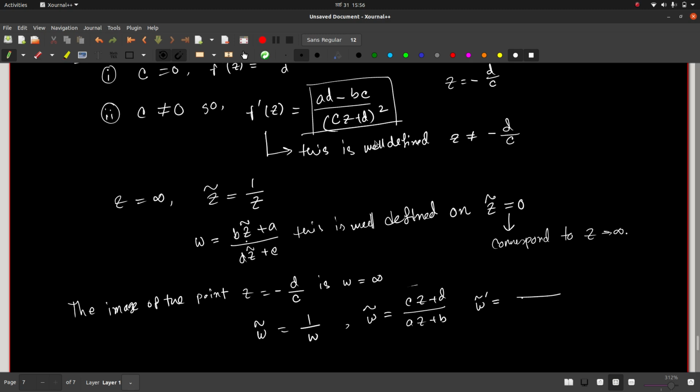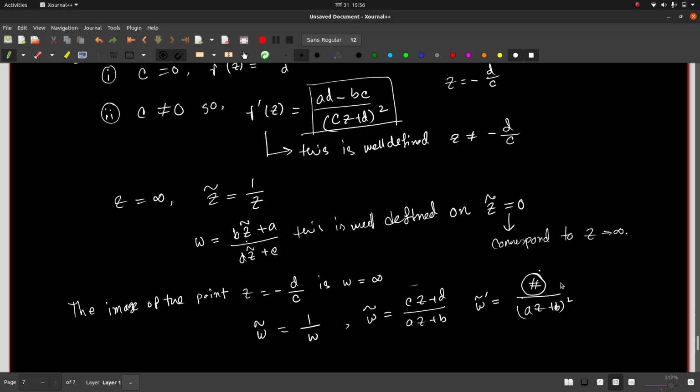Okay, sorry, not this one. So it should be (az + b) whole squared, and it should be some stuff over here. So you can see that this will not be zero in the denominator.